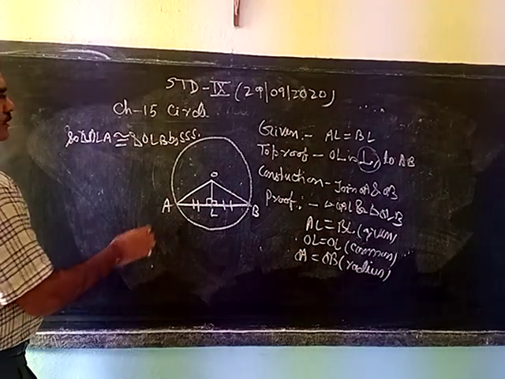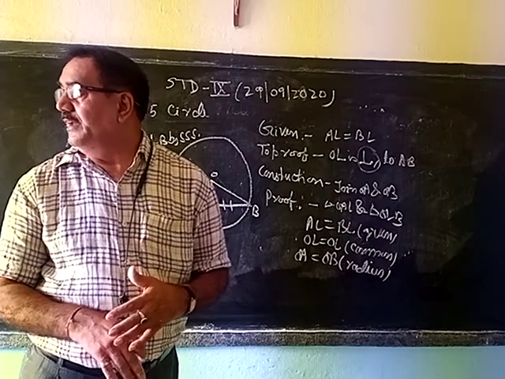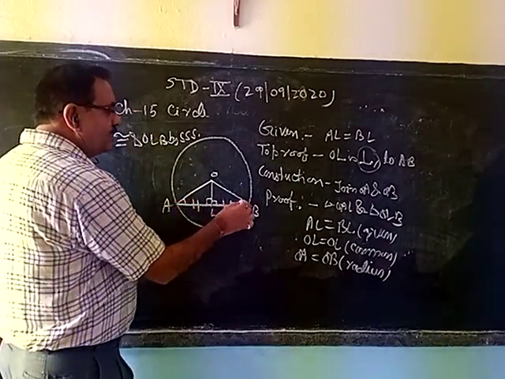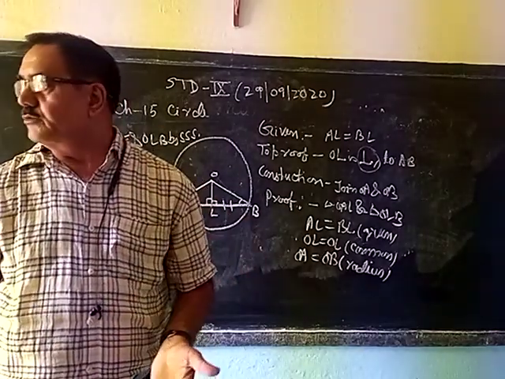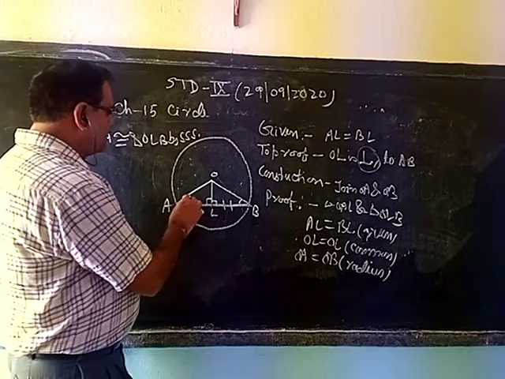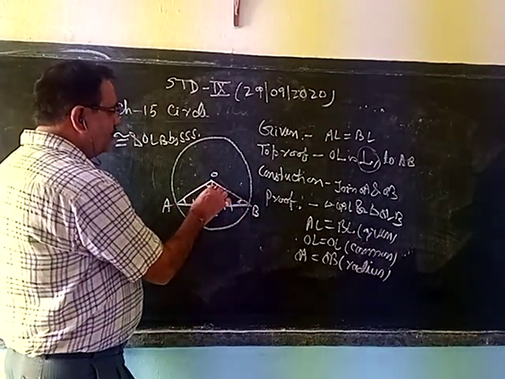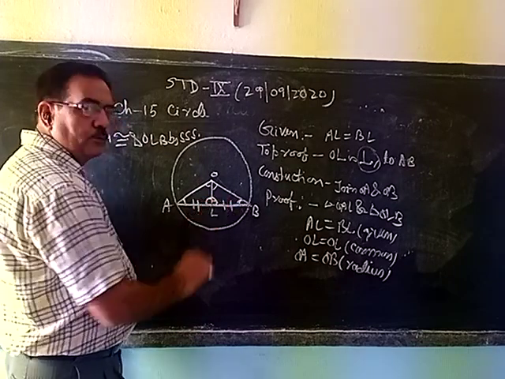Hence, they are congruent. What do you mean by congruent? Equal in shape and size. Right? So this triangle and this triangle are equal in shape and size. Their corresponding sides and corresponding angles will also be equal. So this angle will be equal to this angle, and this angle and this angle will be equal.